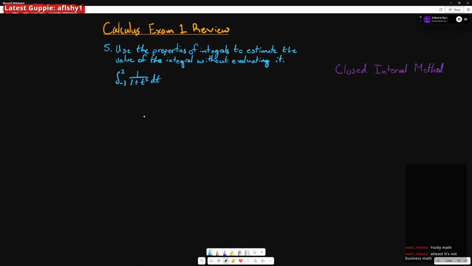So you want to start by finding little m and capital M. We want to find the maximum and the minimum value, right?